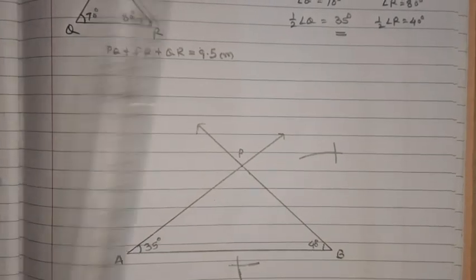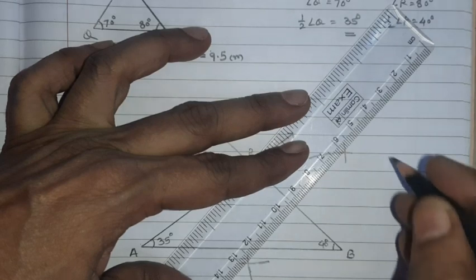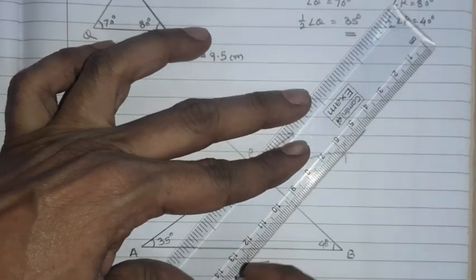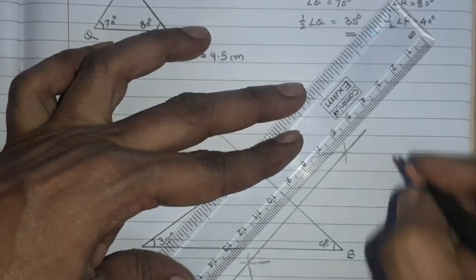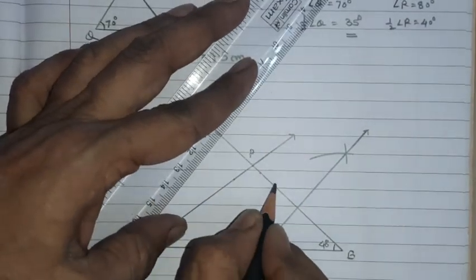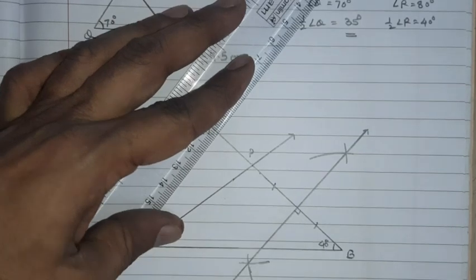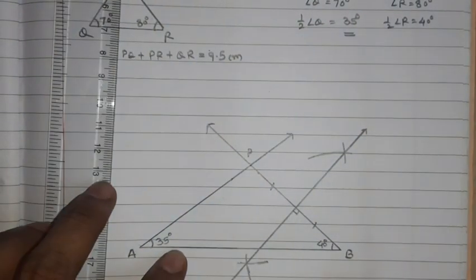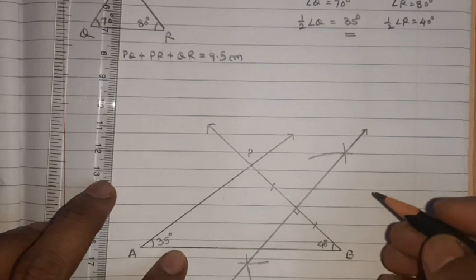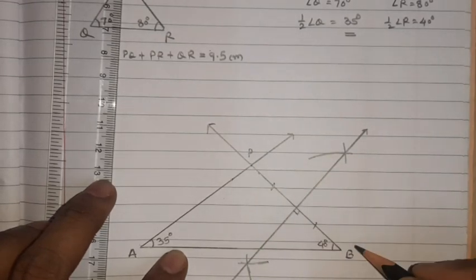Then join this. Dear student, this is the perpendicular bisector of segment PB.